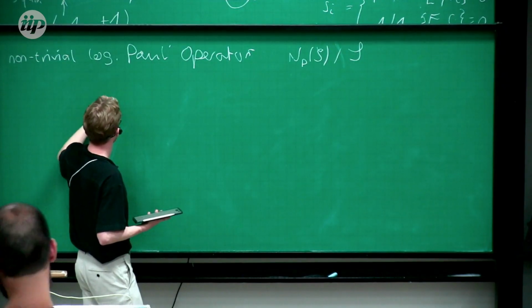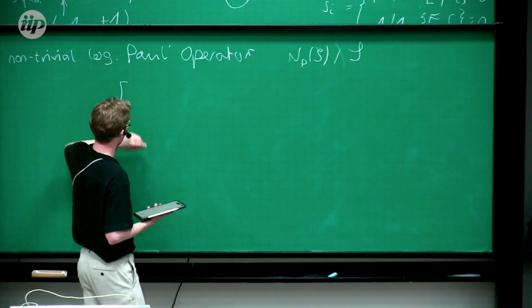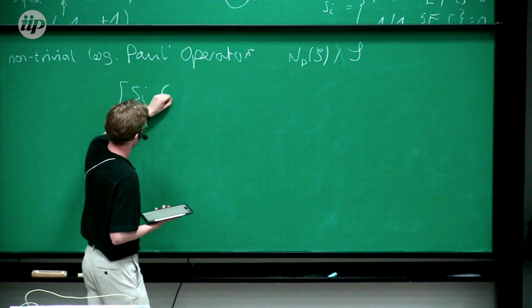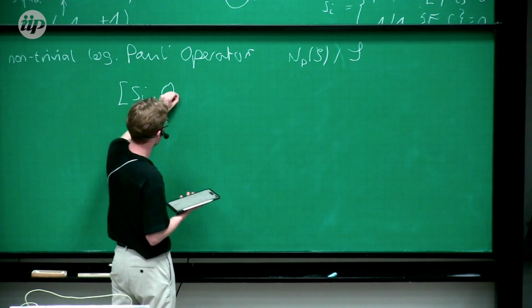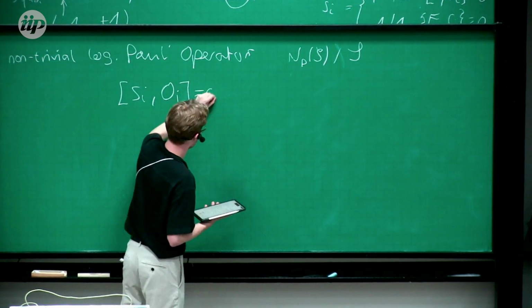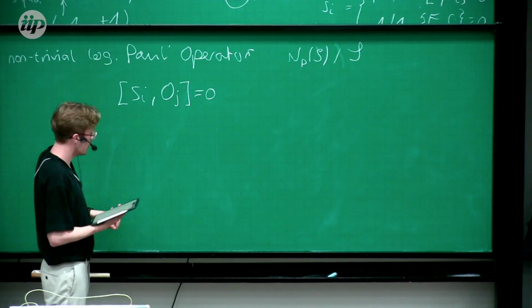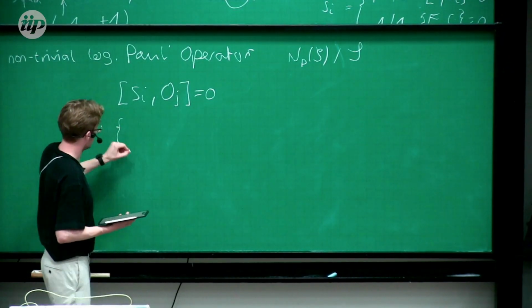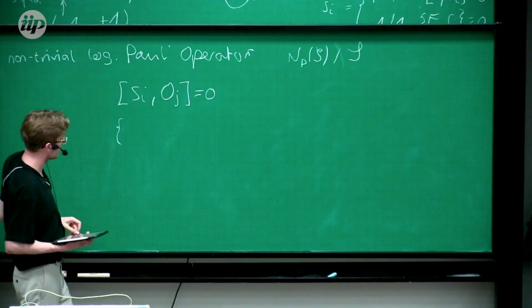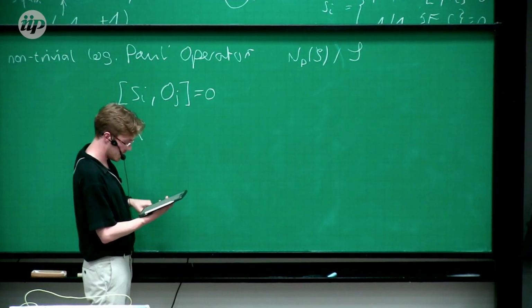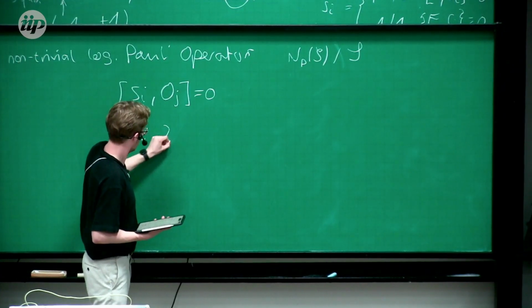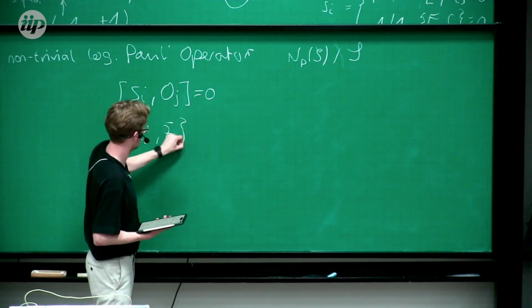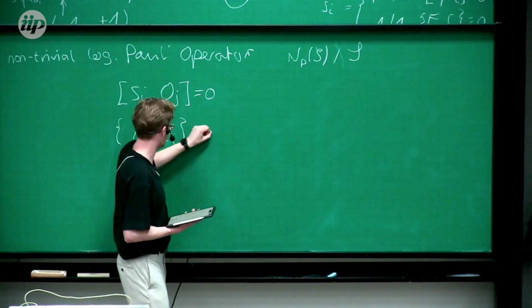So for some logical Pauli operator, it holds that this operator commutes with all the stabilizers. And if we choose a set to simulate the physical operators and label them by X and Z, then this pair anti-commutes.